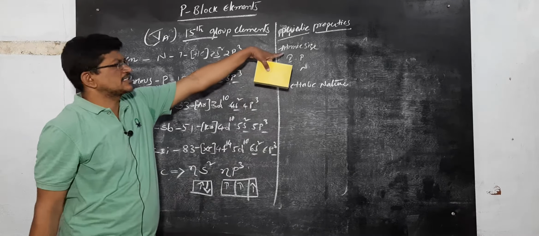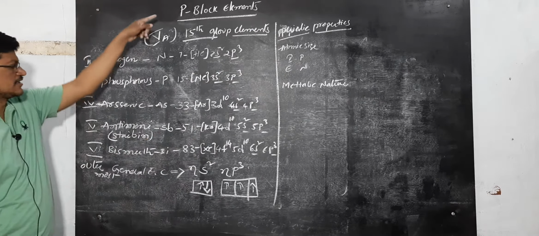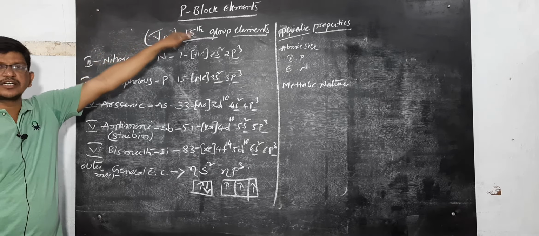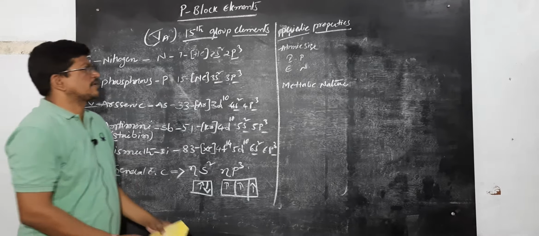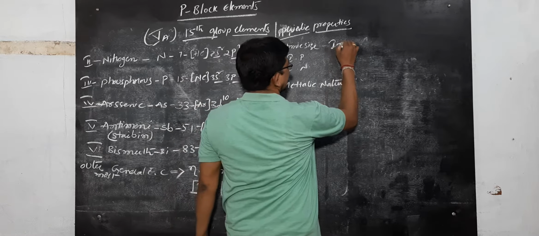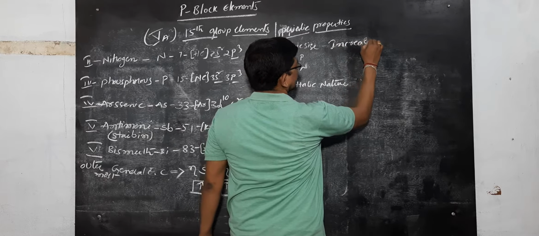Here, atomic size: generally we know that in groups, on moving from top to bottom, the atomic size increases. Why? Because the number of orbits is increasing. Here 2 orbits, here 3, here 4, here 5 and here 6.